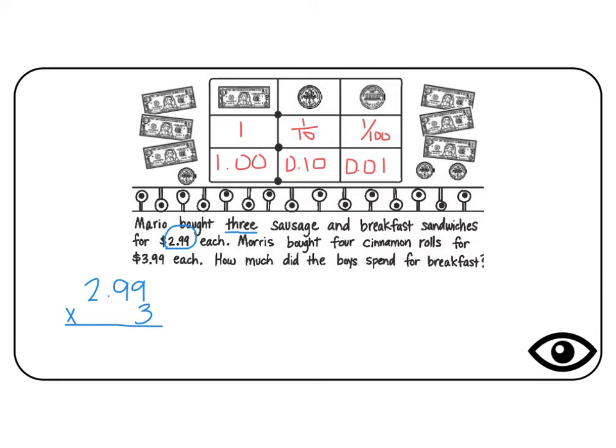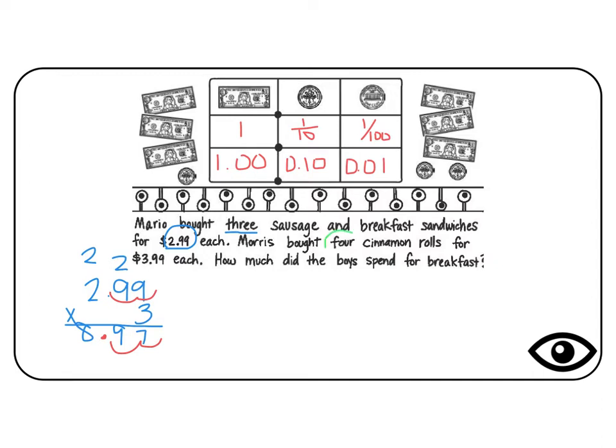So 9 times 3 is 27. 9 times 3 is 27 again, but we're going to add 2, which is 29. 3 times 2 is 6, plus 2 is 8. Then we're going to count our decimals. We're going to count 1, 2 place values, 1, 2 place values. So we know that Mario spent $8.97.